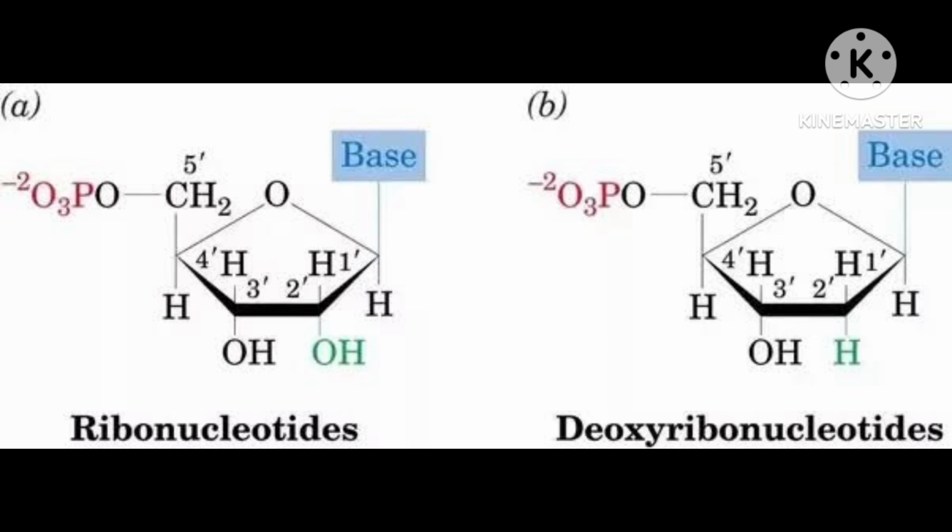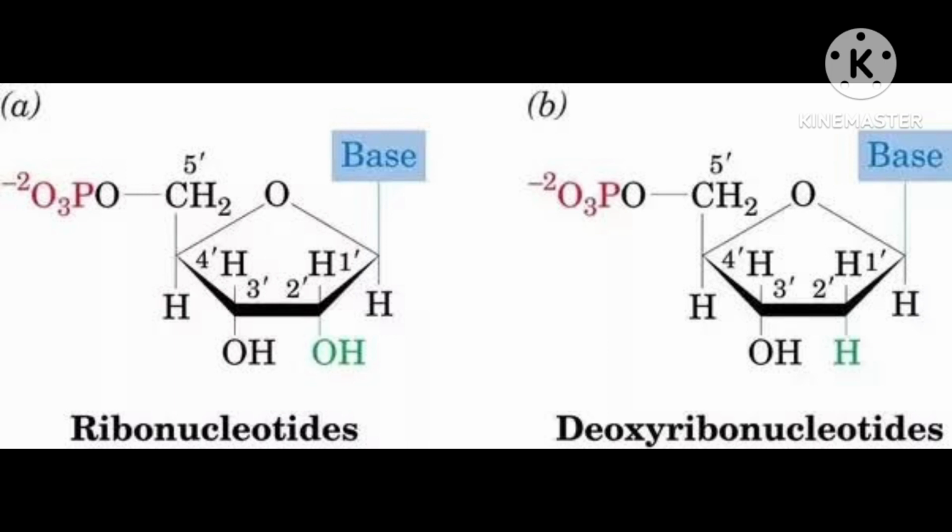On hydrolysis you will get three products: pentose sugar, second phosphoric acid, and third nitrogen containing heterocyclic compounds. Generally the base will be in the form of a ring, and nitrogen must be there, 100%.